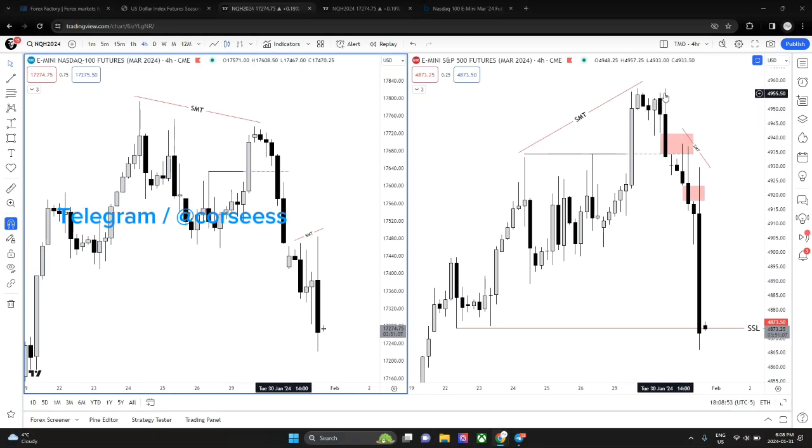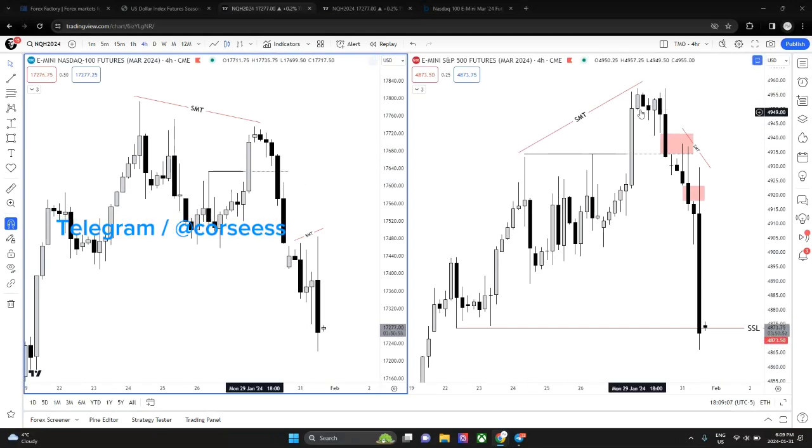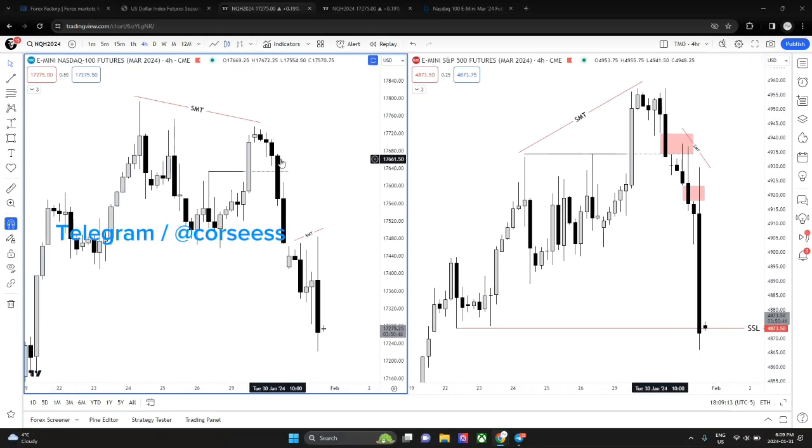Because this high right here, which is the same as this high, right? It took out here, but this one could not take this one out. So that's weakness right there. And this suggested that the NASDAQ was weaker at this time, right?